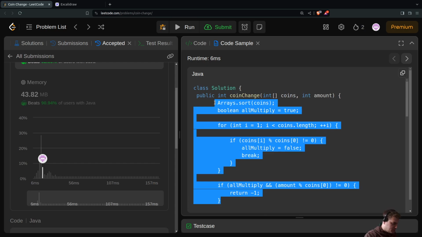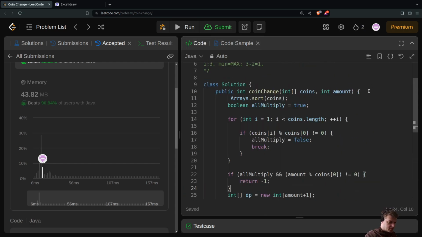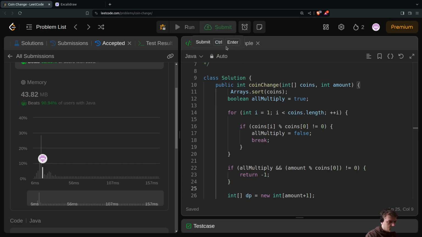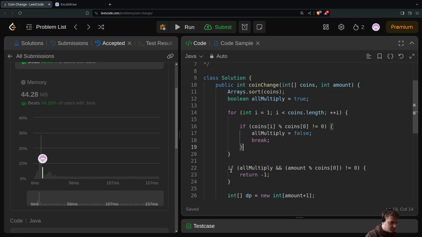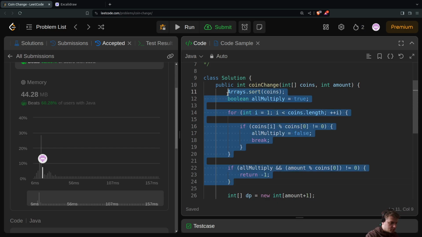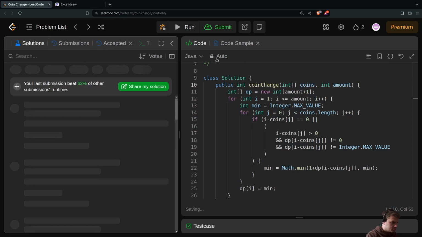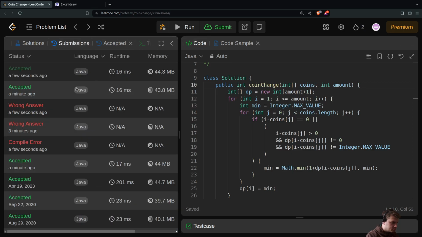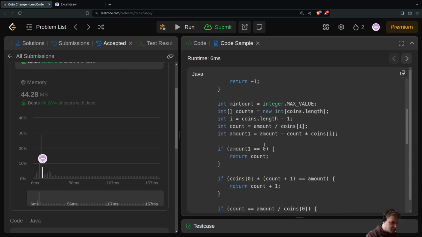I just want to check how this part improves the solution. Yeah, it doesn't improve significantly. So it must be this algorithm.